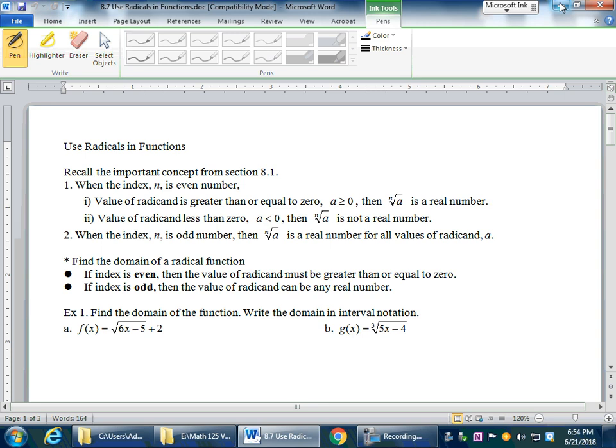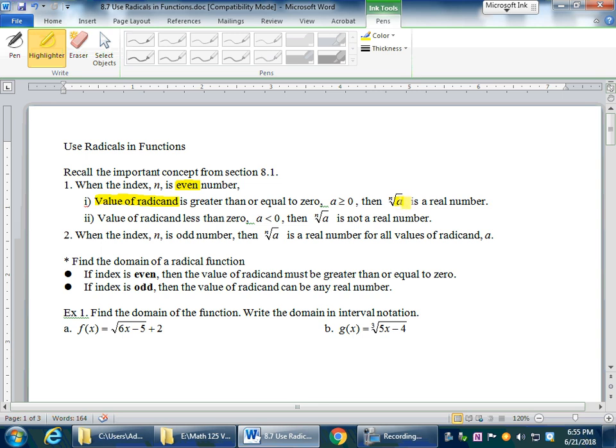We know that if the index of the radical is even, then the value of the radicand cannot be a negative number, right? Meaning this inside cannot be a negative number.